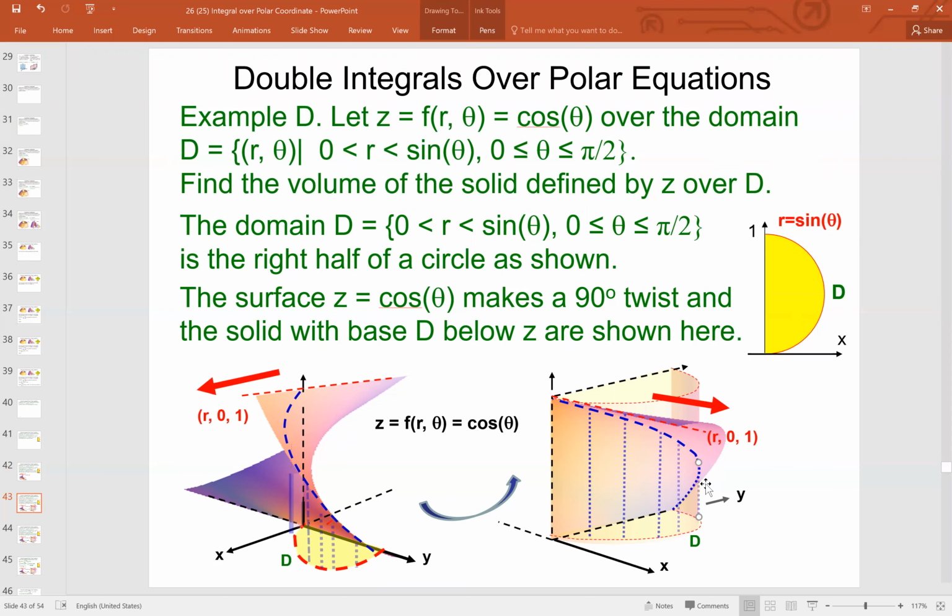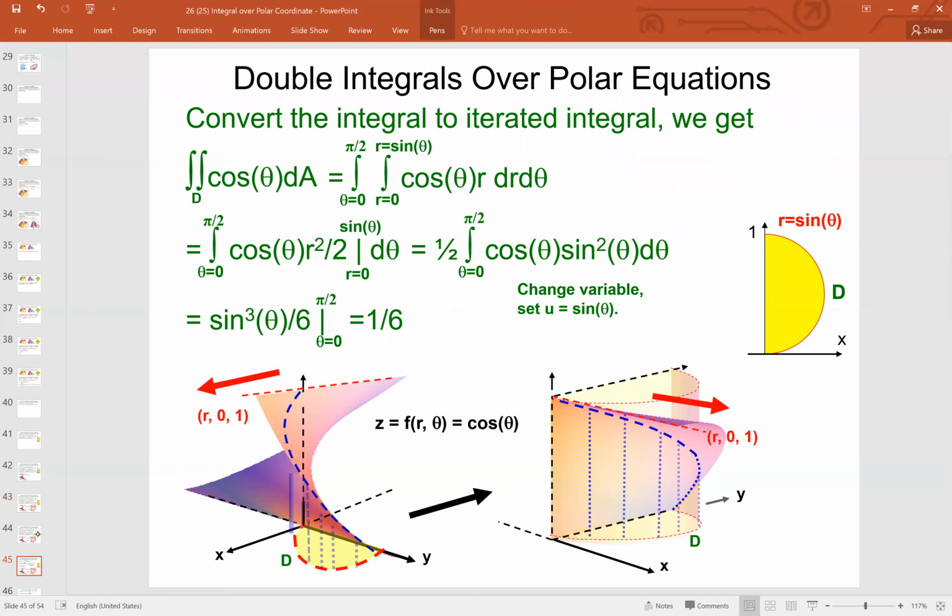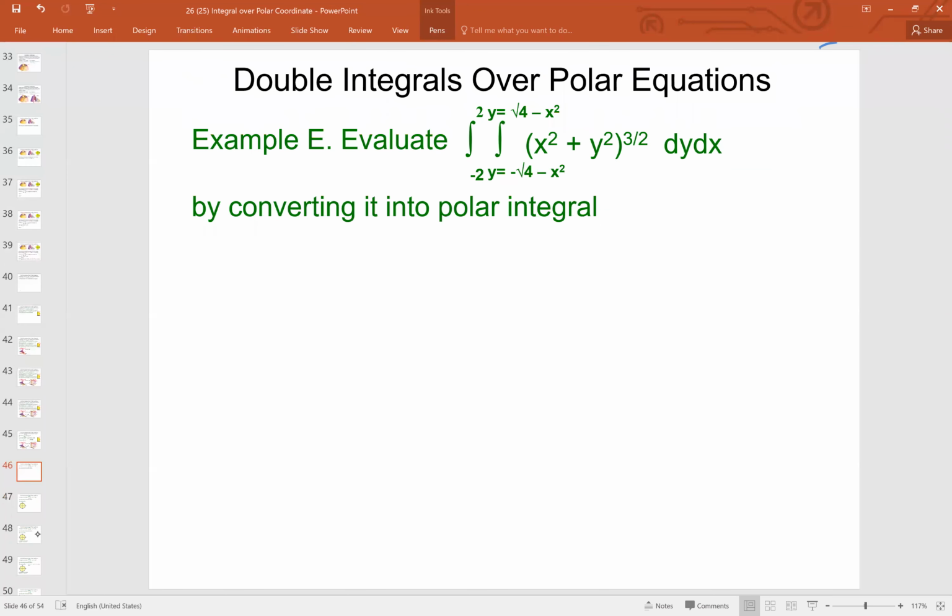So that's the volume we calculate. And the setup is pretty easy. The conversion is pretty easy, and the calculations are straightforward.